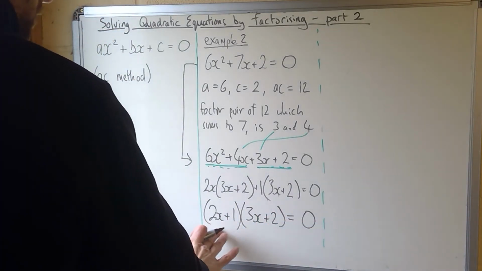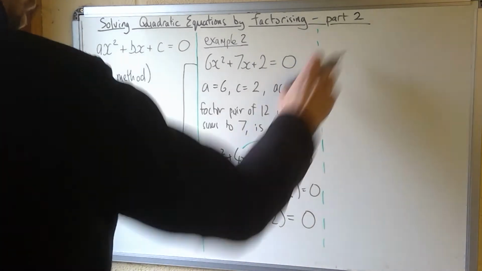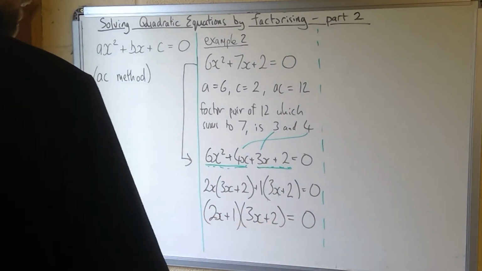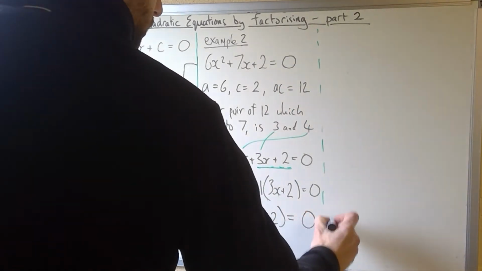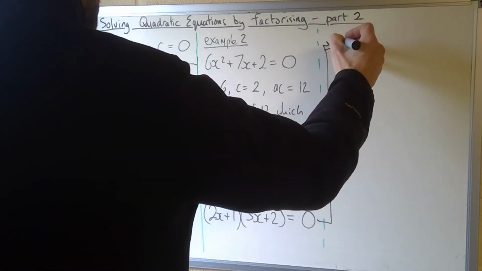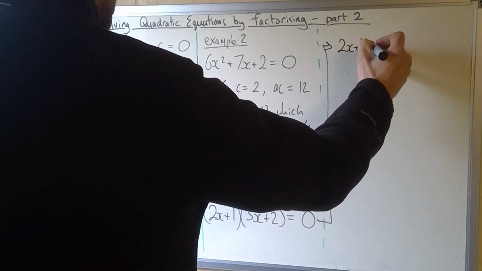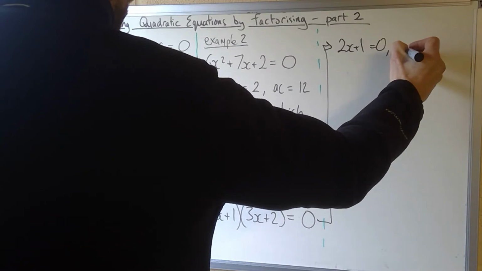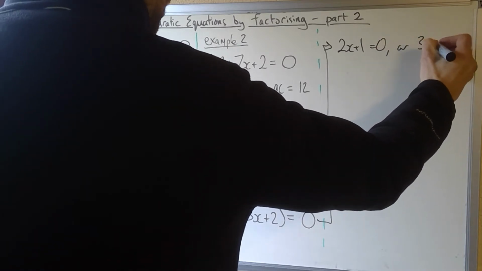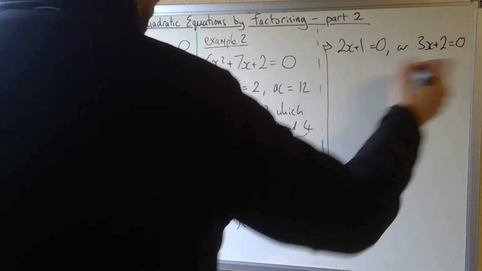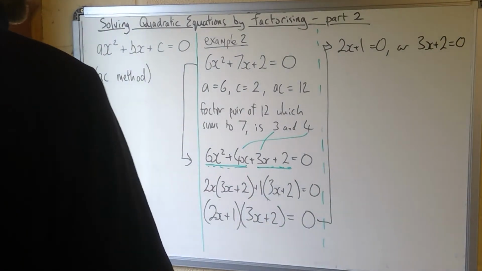And what we've got now is we've got to a stage where we had in part 1, where I've got two brackets multiplying to make 0. So what that now means is that 2x plus 1, the first bracket, equals 0, or the second bracket, 3x plus 2, equals 0, and I have two mini equations to solve.